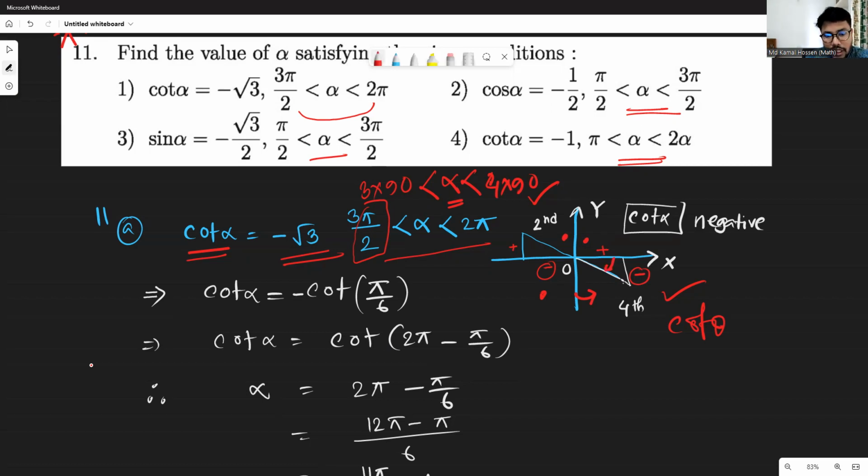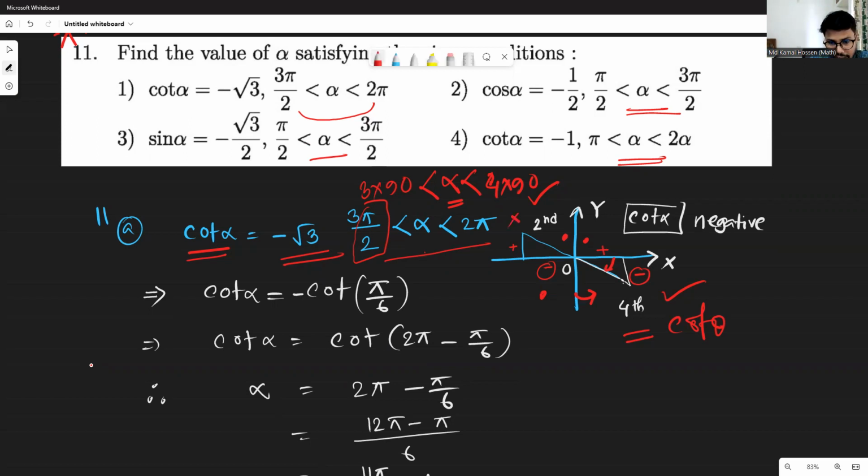Though cot alpha is negative in both, the given angle is only in the fourth quadrant. That's why we choose only the fourth quadrant, not the second quadrant, because the condition given here is the fourth quadrant, and in the fourth quadrant cot is negative.